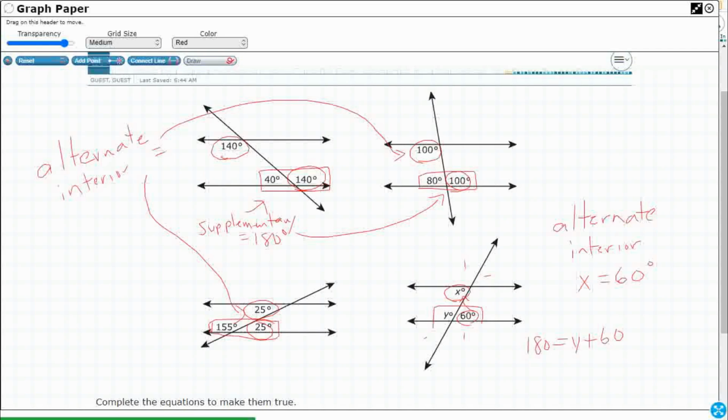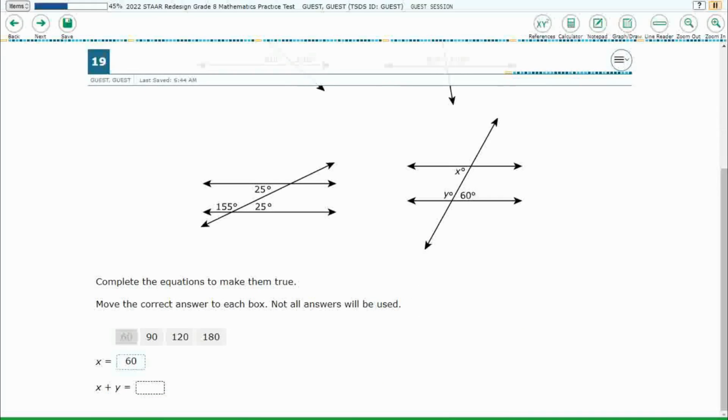So if we subtract 60 from both sides, we'll isolate that y. We'll get 120. All right, so y equals 120. So if I add this 120 and that 60 right there, I'm going to get 180. And that is actually going to be same side interior, which is 180 degrees. So my answer is 180.